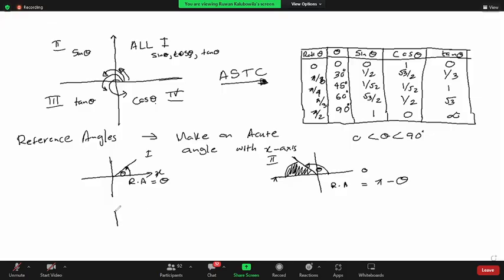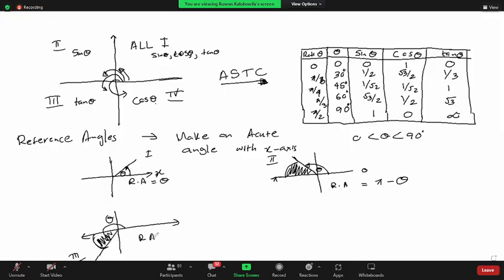We have another case. If our angle is in the third quadrant, what is the acute angle? The acute angle means the angle made with the x-axis. We can highlight this area. So this is the acute angle or reference angle.